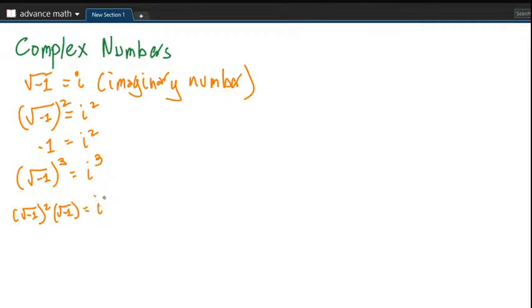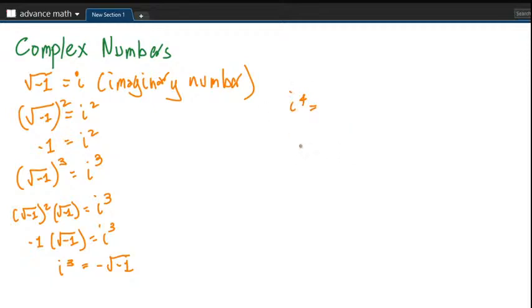So we have -1 times square root of -1, which is equal to i cube. So our i cube is equal to negative square root of -1.